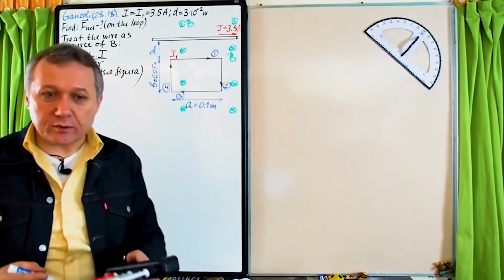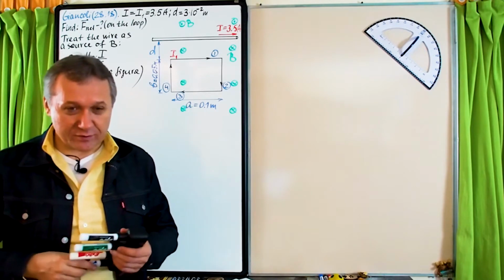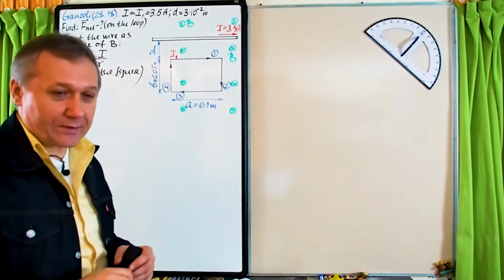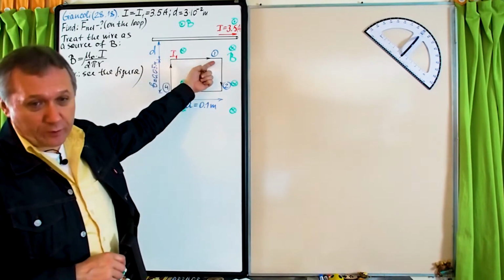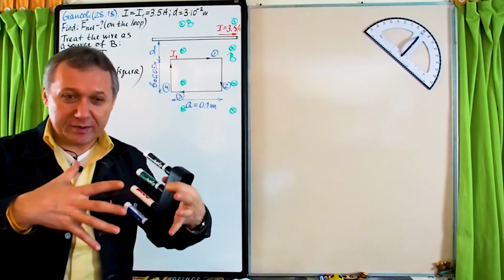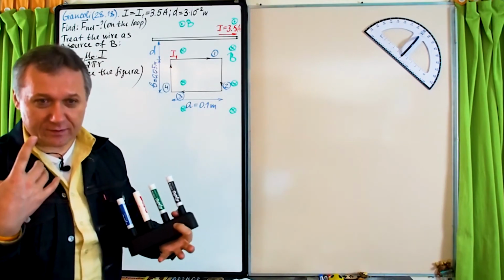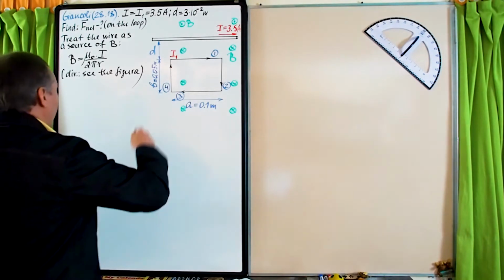So it makes sense to divide this loop into 4 straight pieces. As a result, we can find the force on each separately, and then just add the forces up in order to find the net force acting on the loop.